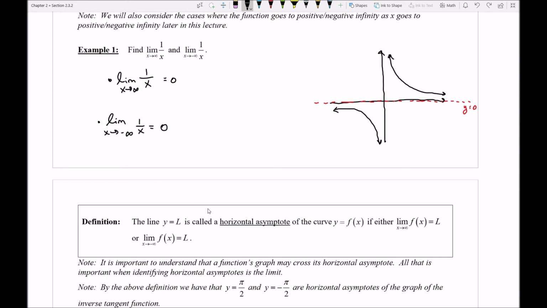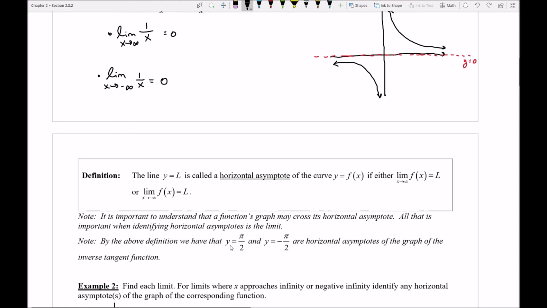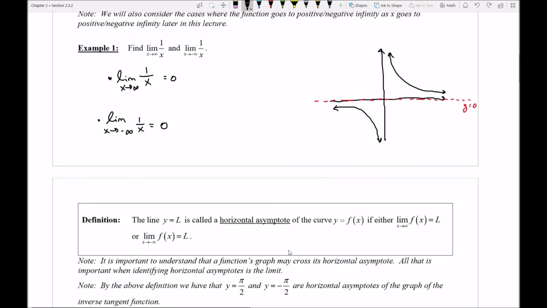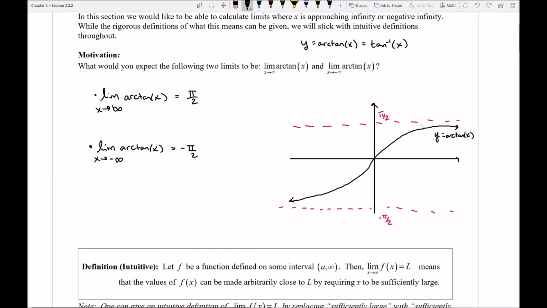And also by that definition, if I was to go back to the inverse tangent function, I could see that the lines y equals pi over 2 and y equals negative pi over 2 should be horizontal asymptotes of the graph, because that's what my limits came out as.